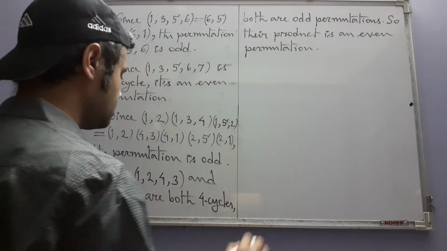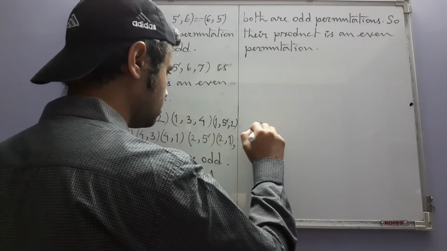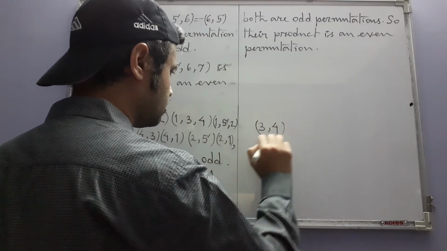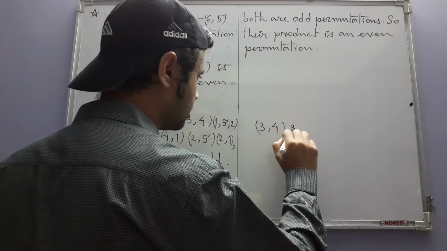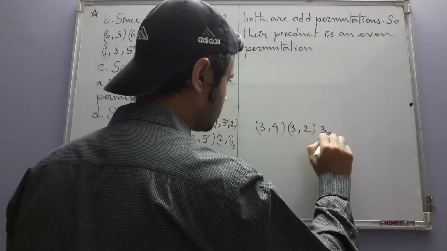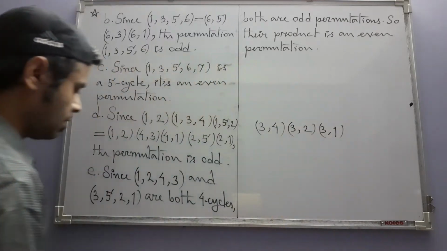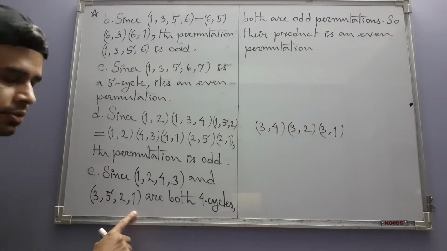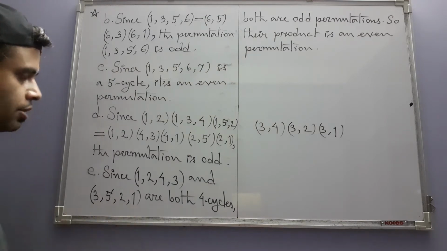You can write this as a product of 3 2 cycles: (3 4)(3 2)(3 1). Like that, this can also be written as a product of 3 2 cycles: (1 2)(1 5)(1 3).